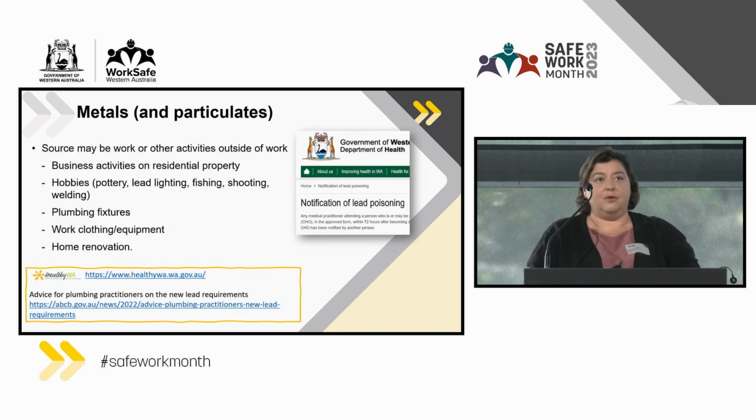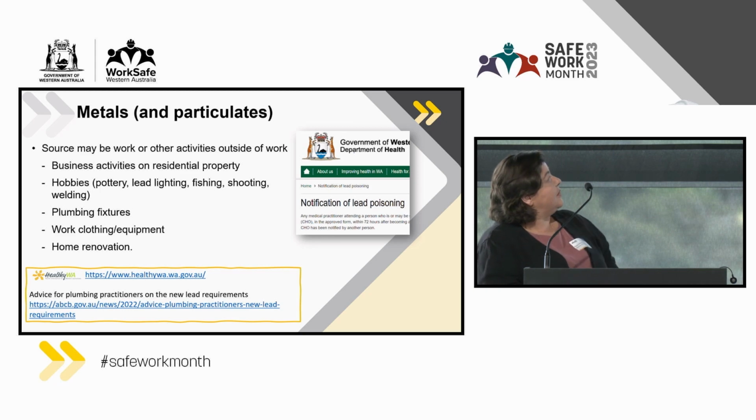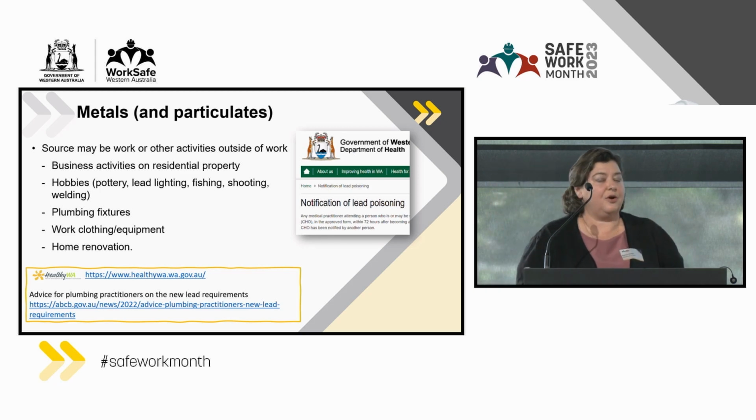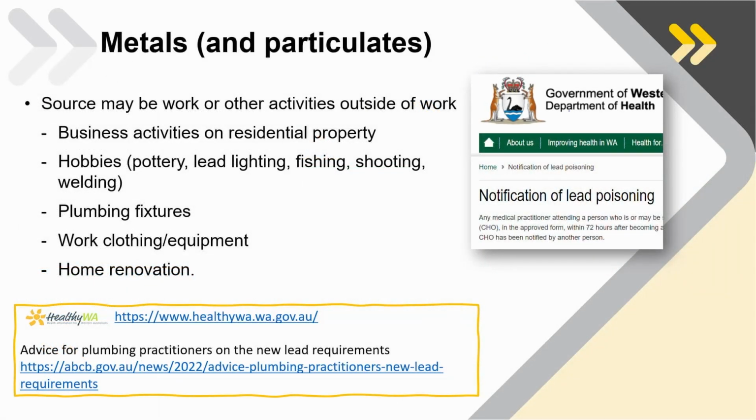Metals is another thing I want to touch on, and I'm aware that we're getting close to lunch, so I think most of you know about metals, so I'll go through this quite quickly. There are sources of metal exposure outside of work, and that might be because people are undertaking business activities at work that may lead to an exposure to their family.